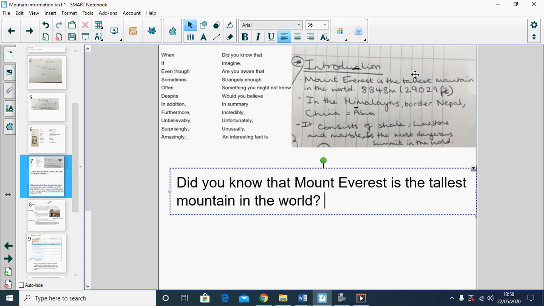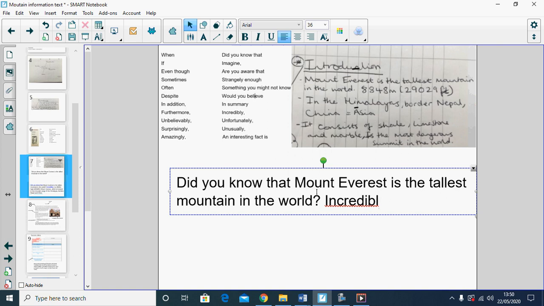Right, I want to say about the fact that it's 8,848 metres. I think that's quite a good fact to include. But I don't just want to say it is, because that sounds a bit boring. So first thing I'm going to do is use a sentence opener. Incredibly, that sounds a bit more interesting, doesn't it?